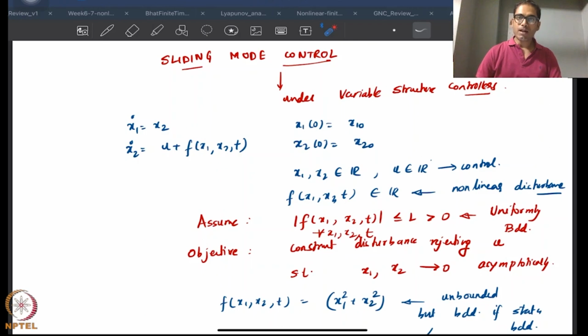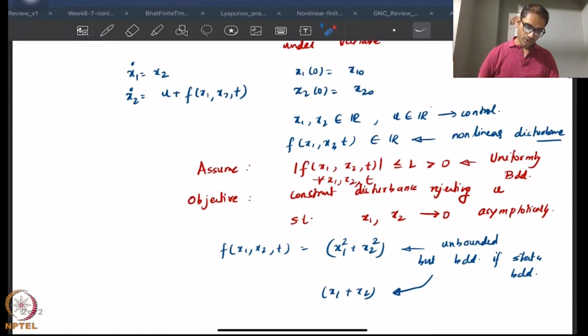As we mentioned, sliding mode control has features of finite time stability and control, as you will see subsequently. The way it is posed is in the form of a variable structure controller, and the primary requirement, as we mentioned, is for some kind of disturbance rejection, right?